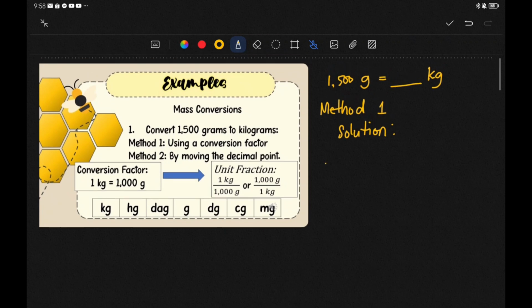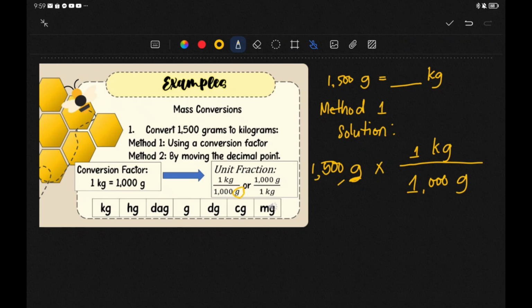So we have here 1,500 grams times, again, the unit that you have here should be in the denominator. So we are going to use 1 kilogram over 1,000 grams.